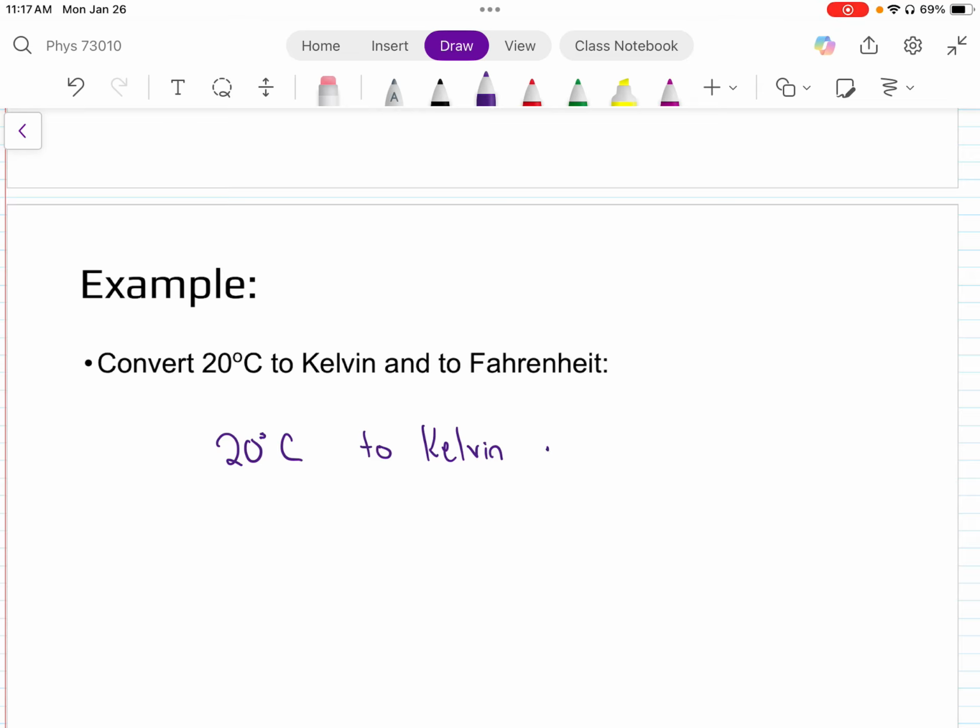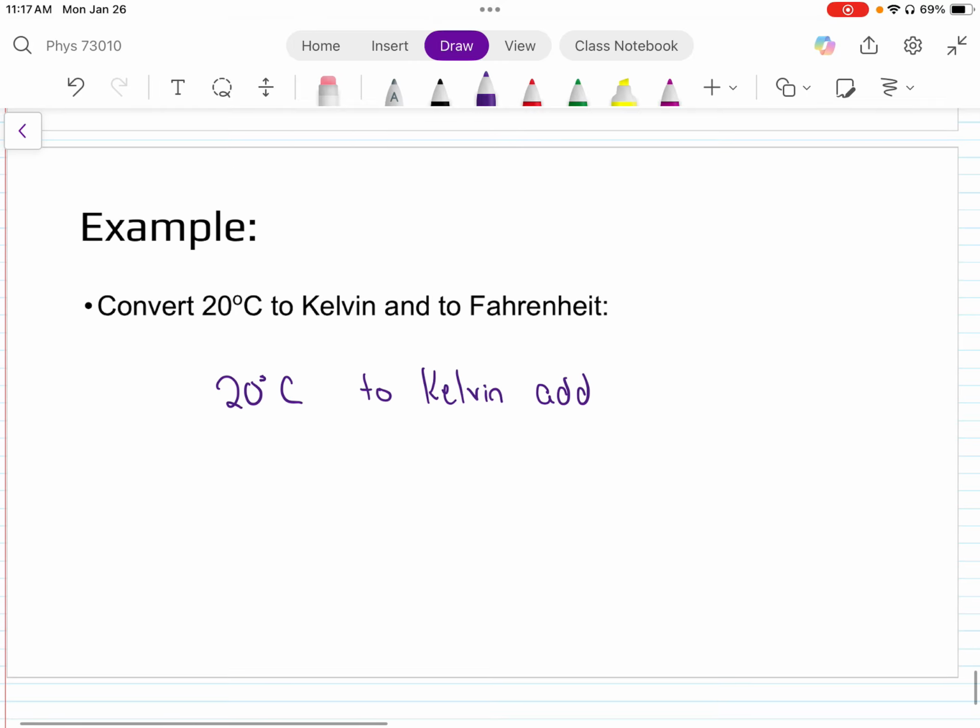We just literally have to add that 273 number. And that kind of resets the scale. So 20 plus 273.15, it's been a long lesson, but a little bit of mental math, is 293.15 K for Kelvin.